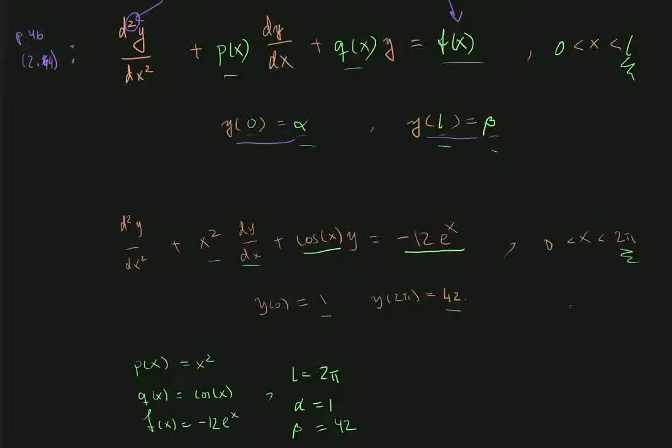In the book, page 46 to 47, is written that one can prove if P, Q, and F are continuous functions, and if Q of x is non-positive for all values between 0 and L, then the boundary value problem here has a unique solution.